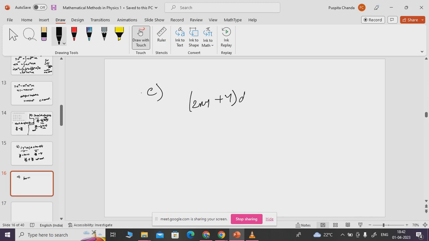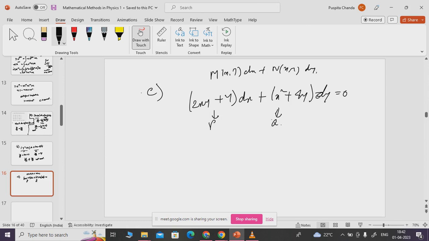Question number C, which is 2xy plus y dx plus x square plus 4y dy is equal to 0. It is P, it is Q. In some texts it can also be written as M(x,y) dx plus N(x,y) dy. Then the rule is del M by del y should be equal to del N by del x, and these exact differential equations have their ways to solve.